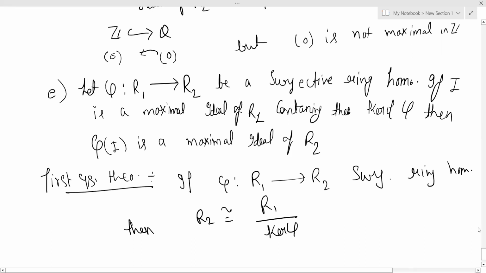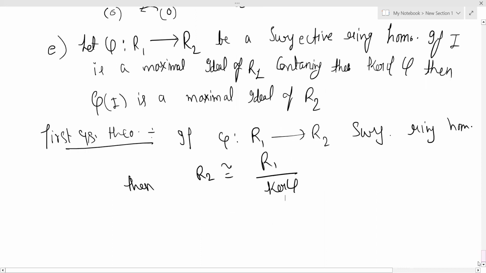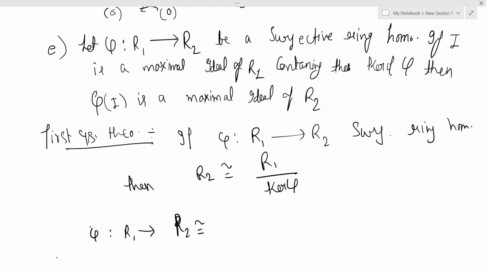Now this is the statement. So now phi maps R1 to R2, which is isomorphic to R1 mod kernel phi, right?